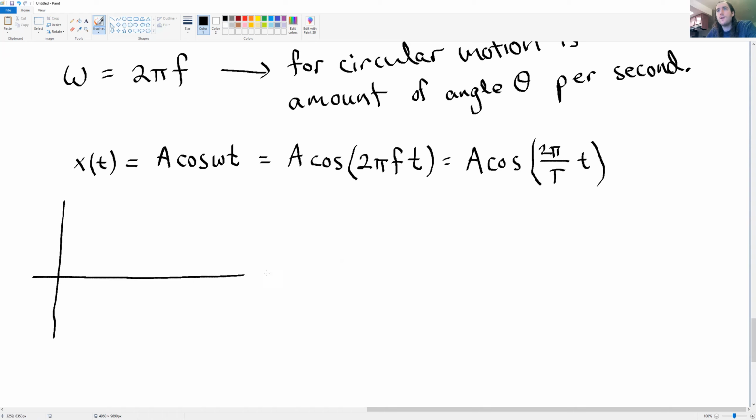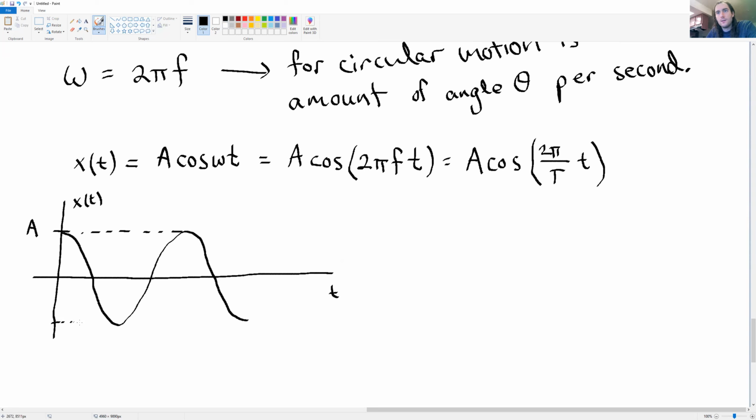Of course, if we plot x of t versus t, we begin at A, go to minus A, back to A, minus A again, and so on. So this is A, and this is minus A. If you remember sines and cosines, one repetition here, boom, there it is.